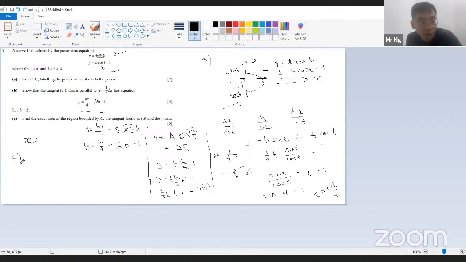Find the area of the region. You see, there are so many instances where I didn't get the answer, but then I work my way through. Okay, find the exact area of the region bounded by C. Exact. Okay, so bounded by C, we need to let b equal to 2.